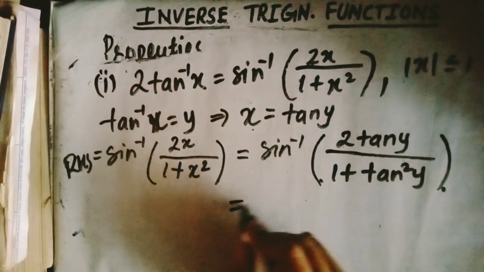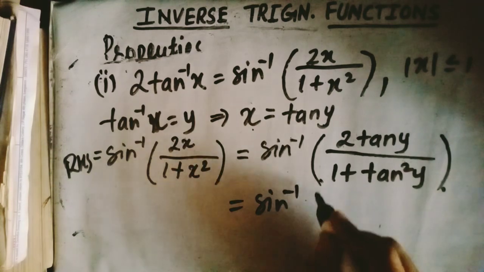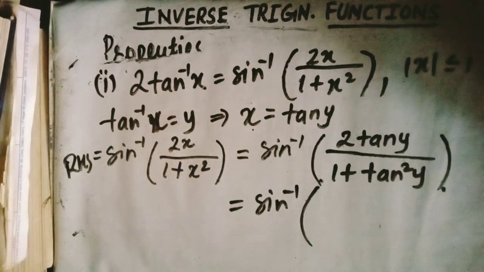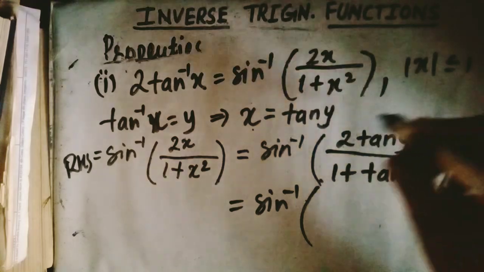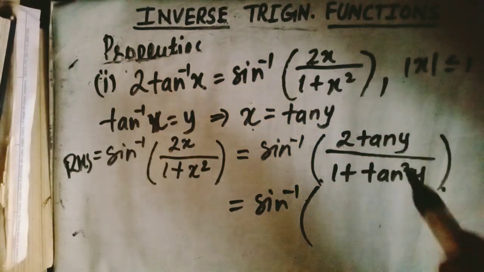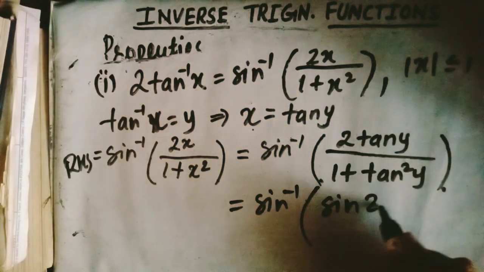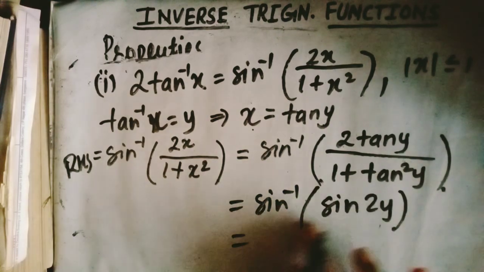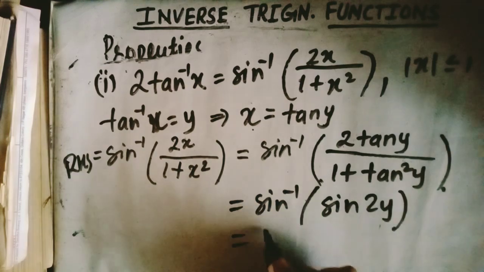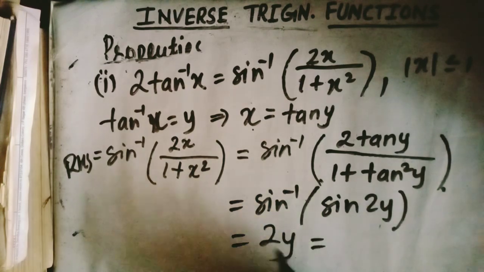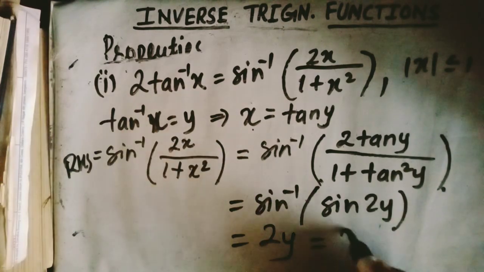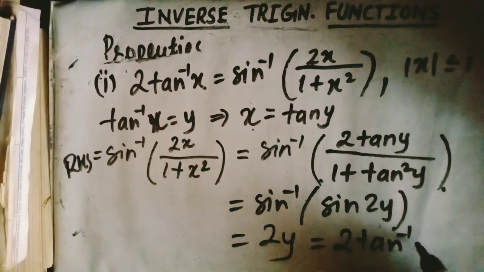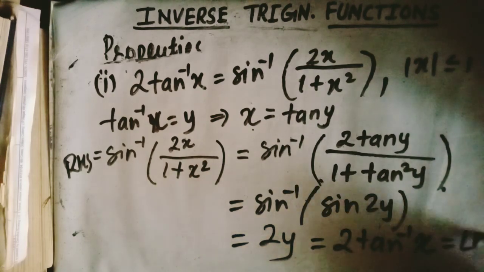Now if you know the trigonometric identity from the previous year, then this whole thing is sine of 2y. So using the property sine inverse of sine of x, you will get 2y, and y we have taken as tan inverse of x. So this is our LHS.